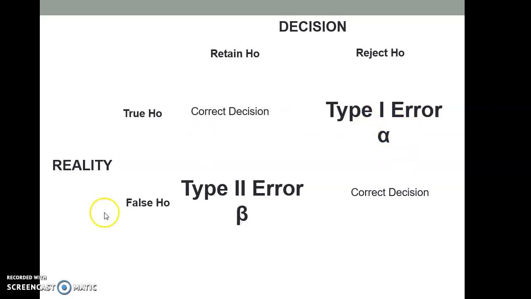There are also instances that in reality, males and females differ in their attachment anxiety. And so, because of that, in our decision making, we are able to decide that males and females do not differ.